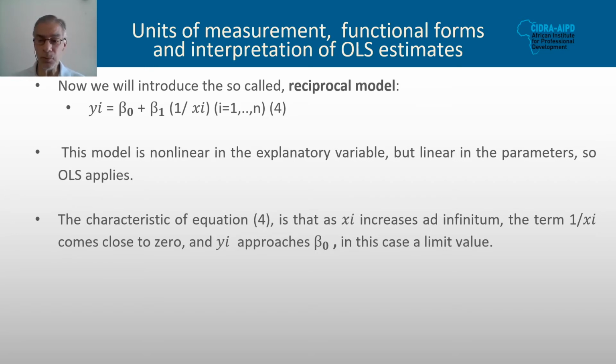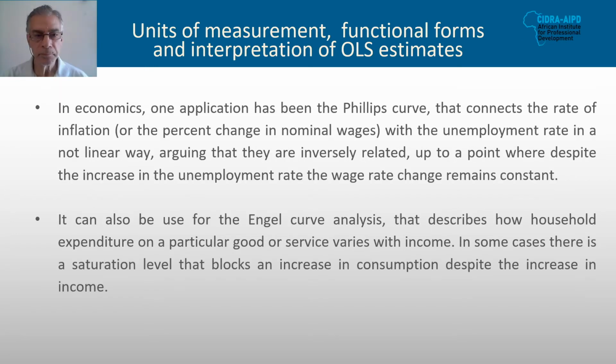And there are two important models in economics. One application of equation 4 of the last slide has been the Phillips curve that connects inflation or wage inflation with the unemployment rate.